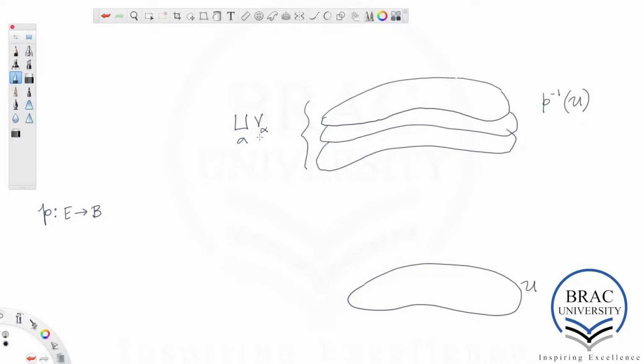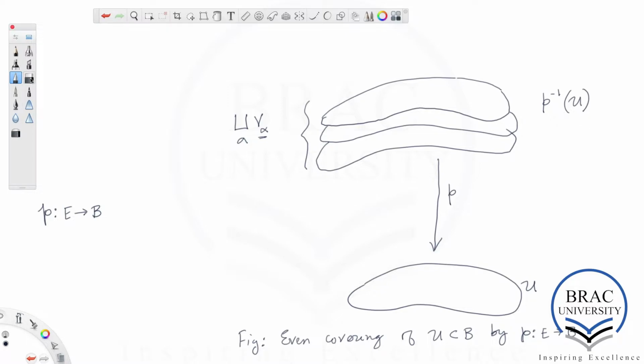Each V alpha is open in the topological space E. P projects these slices to the open set U. So the caption of the figure is even covering of U being a subset of B by the map P from E to B. Okay, good.